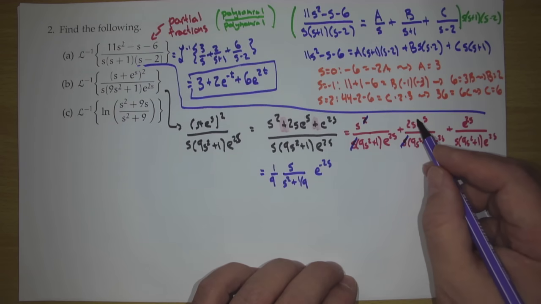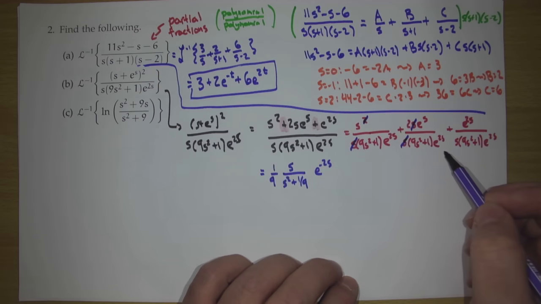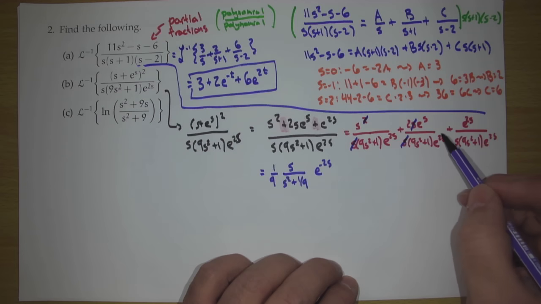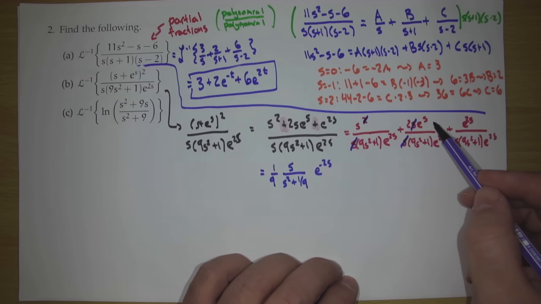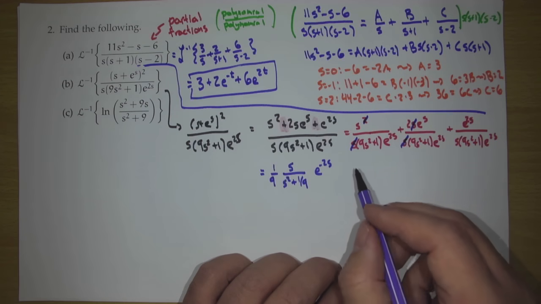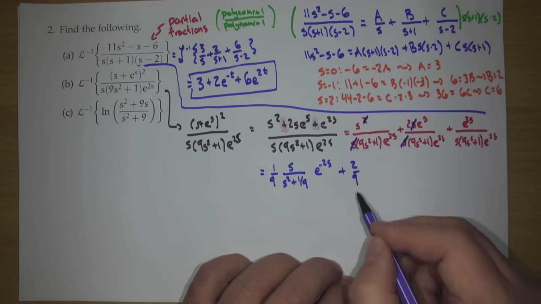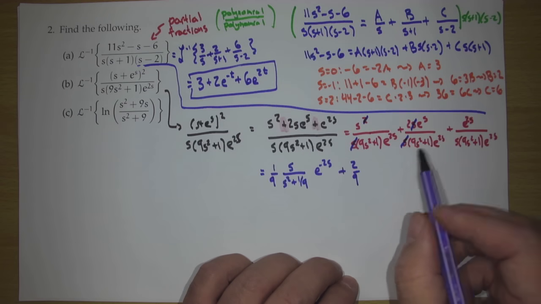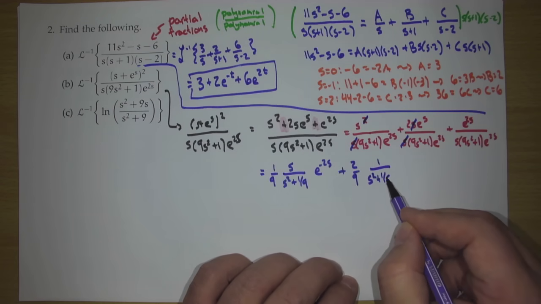We can still cancel an s. What about this e to the s and the e to the 2s? Yeah, we can combine them, right? So if we move this upstairs, it'd be e to the minus 2s. Let's pull out the 9 again, so plus 2 over 9. And we'll have a 1 over s squared plus a 9th.